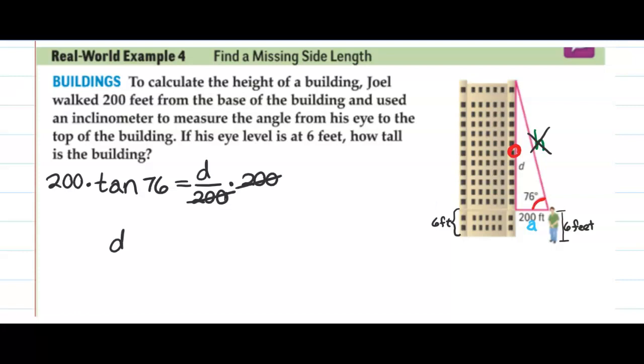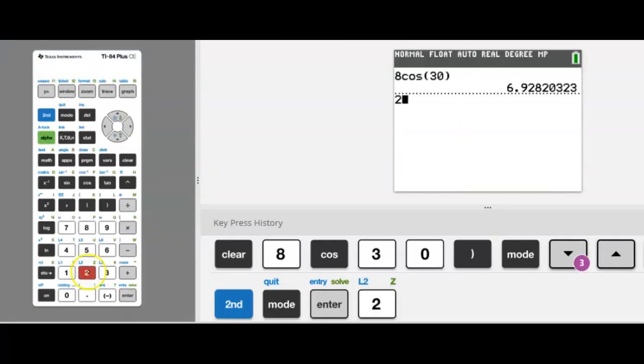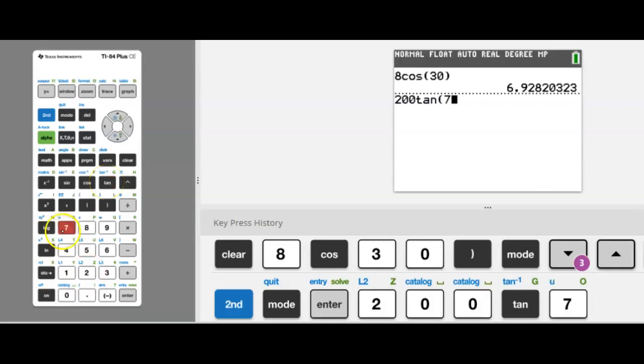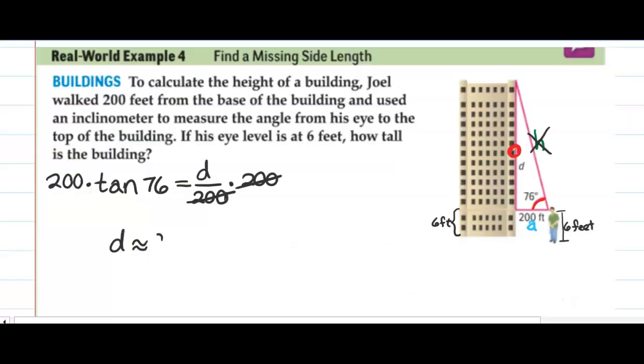Now we can see, using the calculator, 200 times tangent of 76 is 802.156. But again, that's the height of the building from here to here.